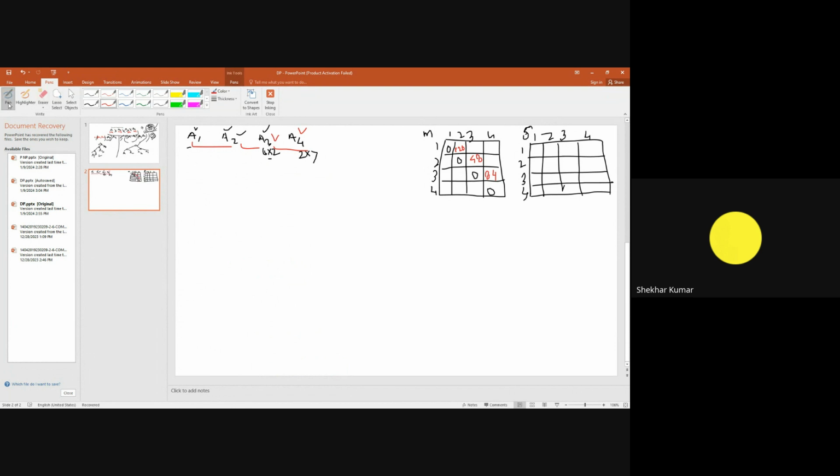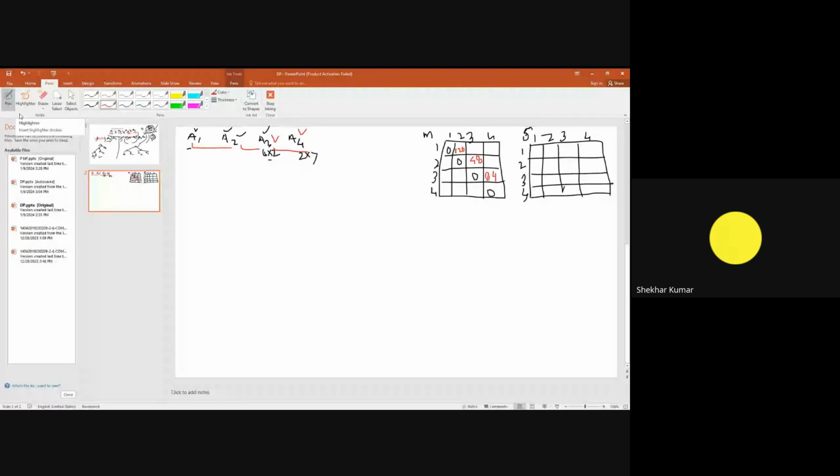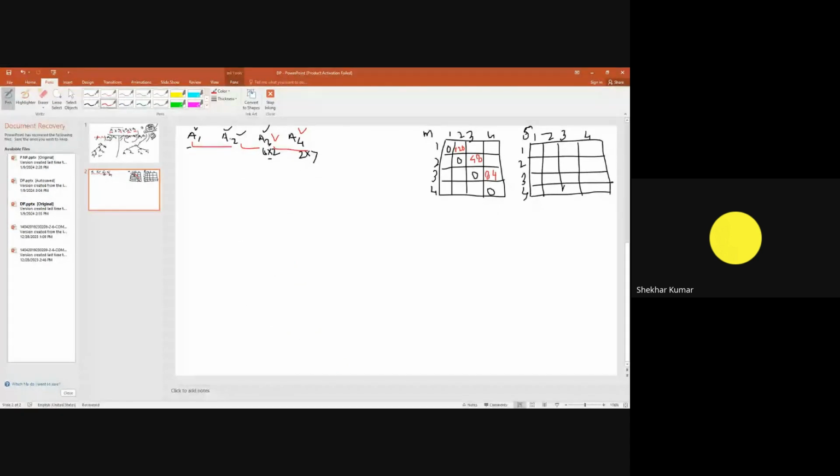Just note down each step very clearly, otherwise you will not be able to understand this. In dynamic programming, as well as in NP problems, it is very important to note down every step and to understand every step.